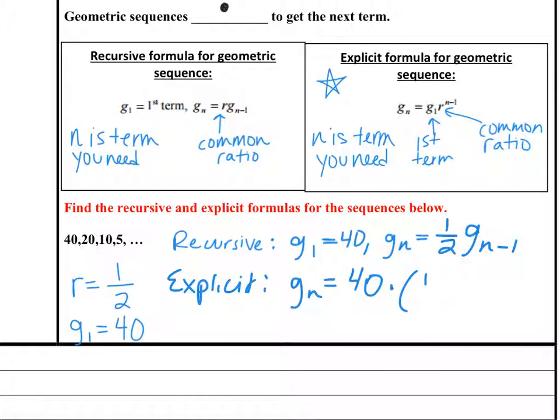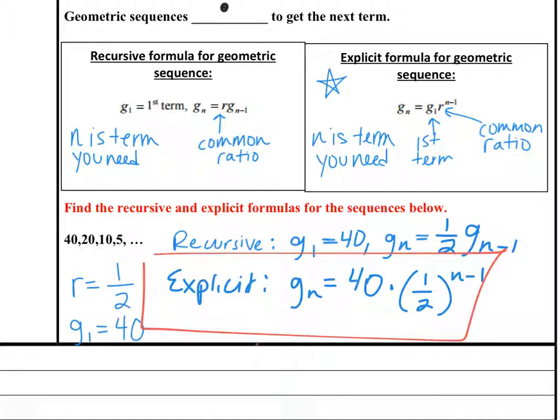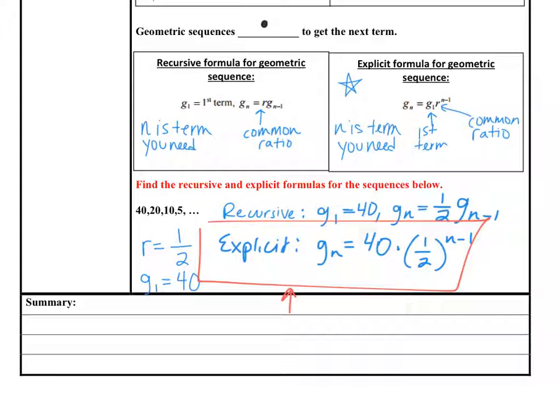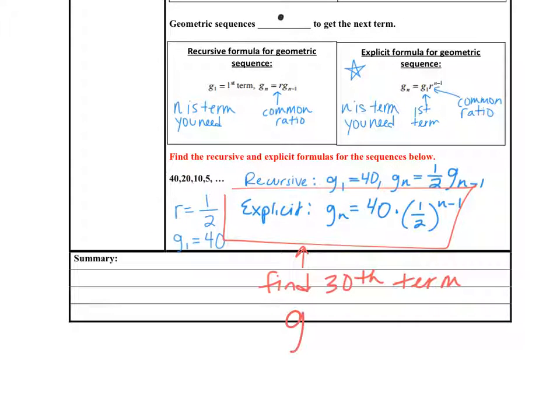So times 1/2 to the n minus 1. You want to find the 30th term? Use this one. And it would look like this instead. G30 equals 40 times 1/2 to the 29.